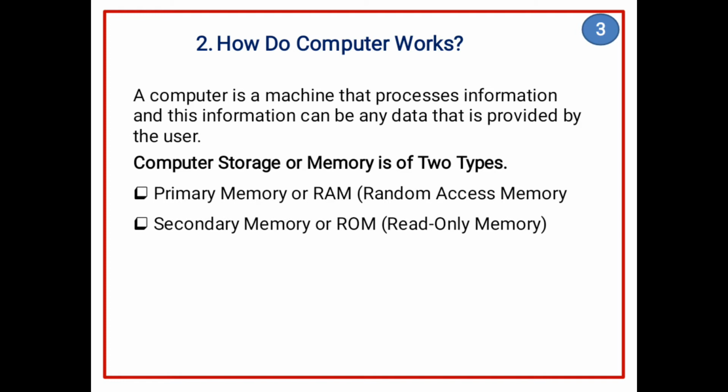How does the computer process? Computer processing means the operation done on this information, that is input data, and is called processing. The processing of input is done in the central processing unit, which is popularly known as CPU.